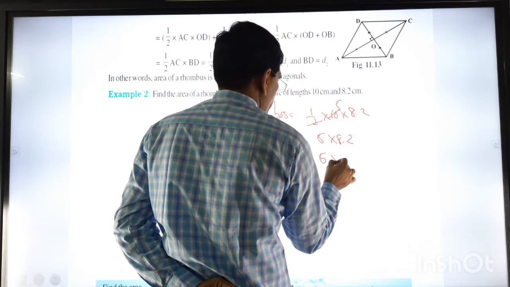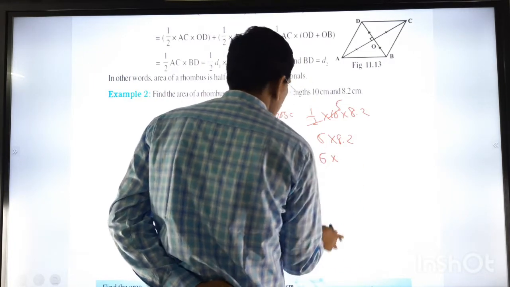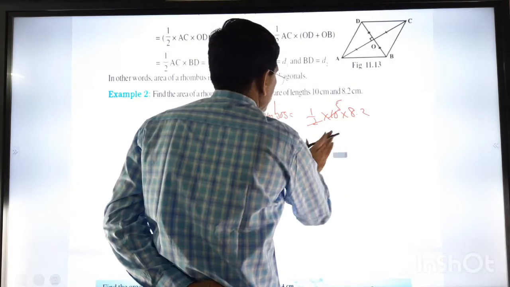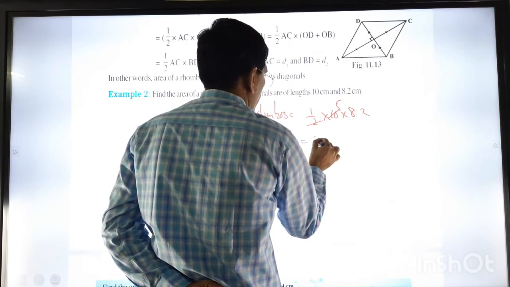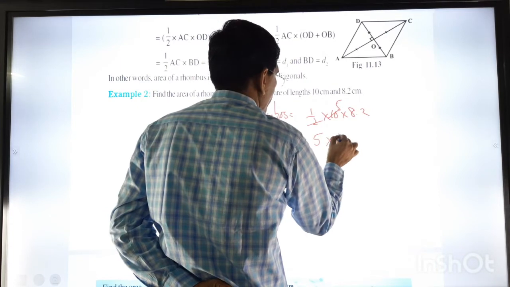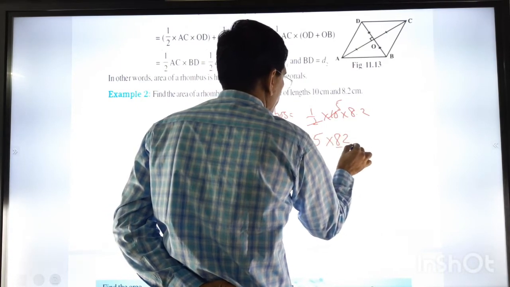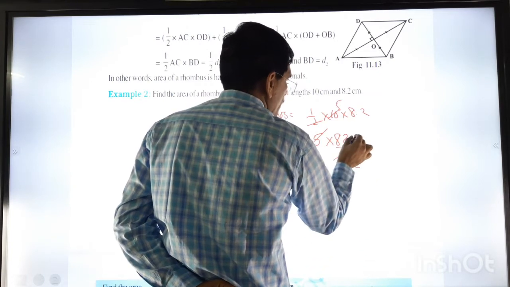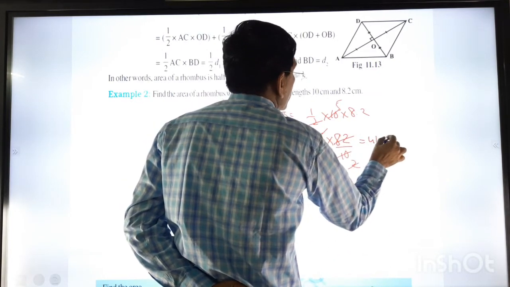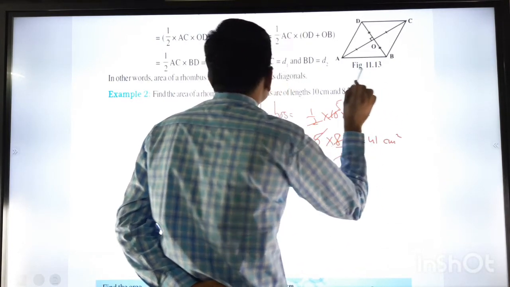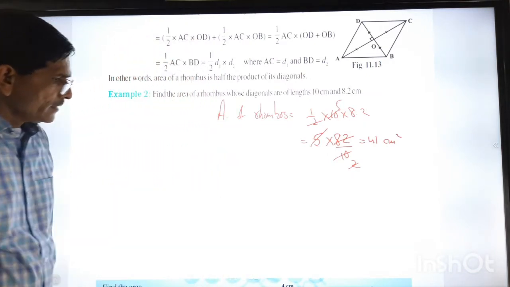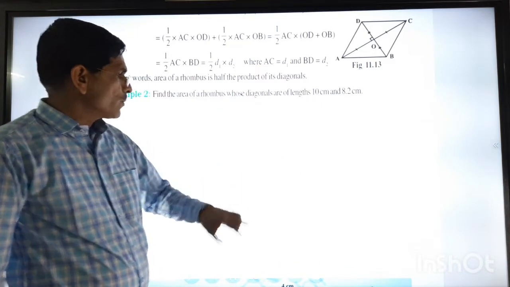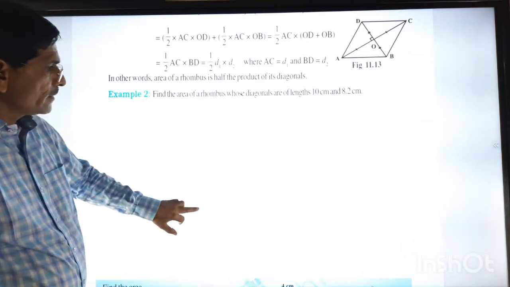That gives 41 centimeter square. That is the area of the rhombus. So three formulas we have understood.